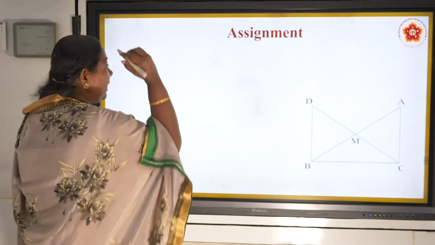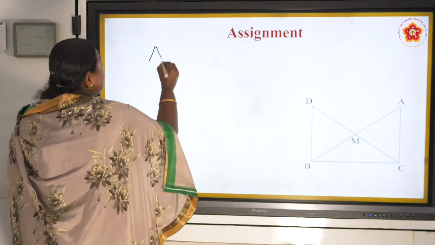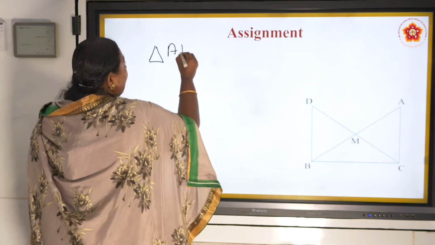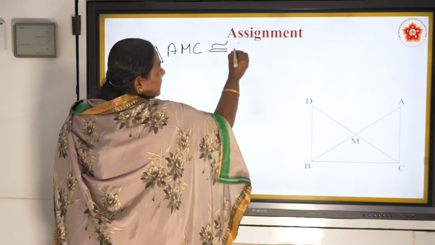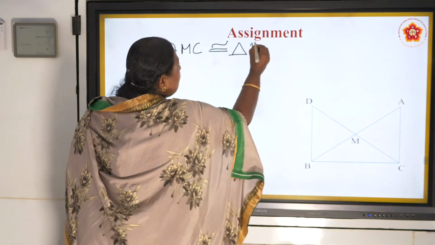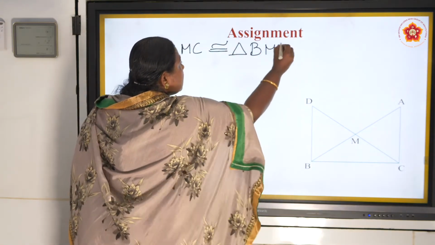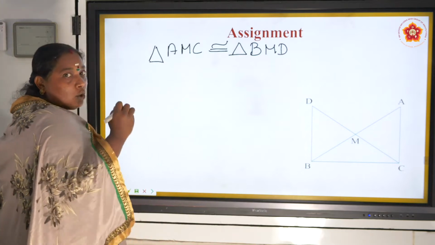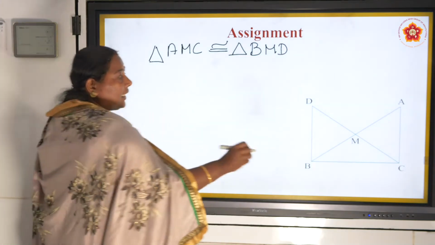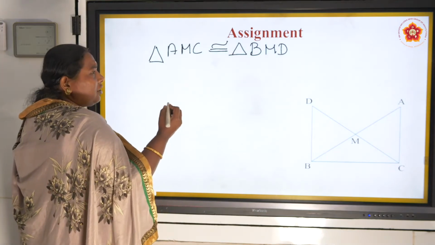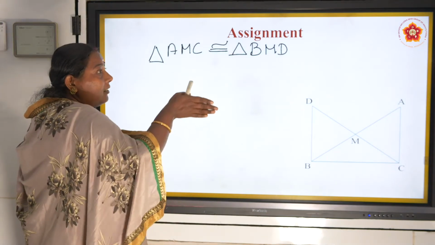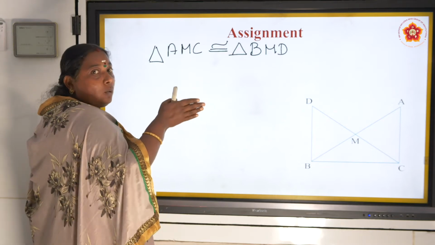What is the first one we have to prove? Triangle AMC is congruent to triangle BMD. In the question it is already given that M is the midpoint of AB. What is meant by the midpoint of AB? It is breaking the whole length into equal halves.